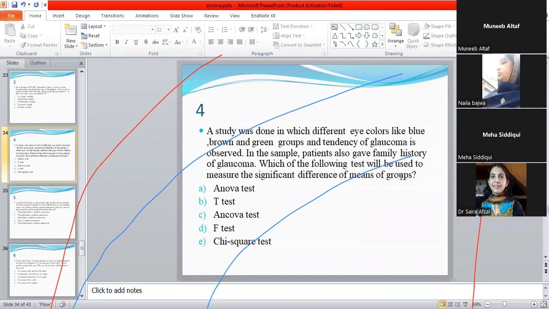ANOVA test, T test, ANCOVA test, chi-square, and F test. C. Yes, C is the right answer, as the family history of glaucoma will be acting as a covariate. So to gain the power for the test, the ANCOVA test will be used over here.